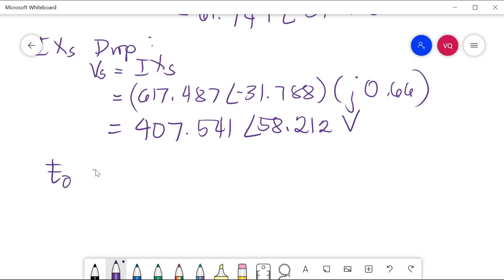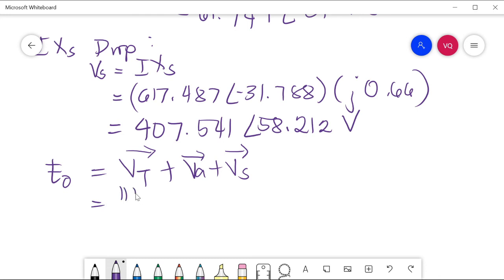EO now is the sum of terminal voltage plus the drop in armature resistance, and this one, VS. VA plus VS. Add them vectorially. So terminal voltage is our reference, and we will use the per phase voltage.